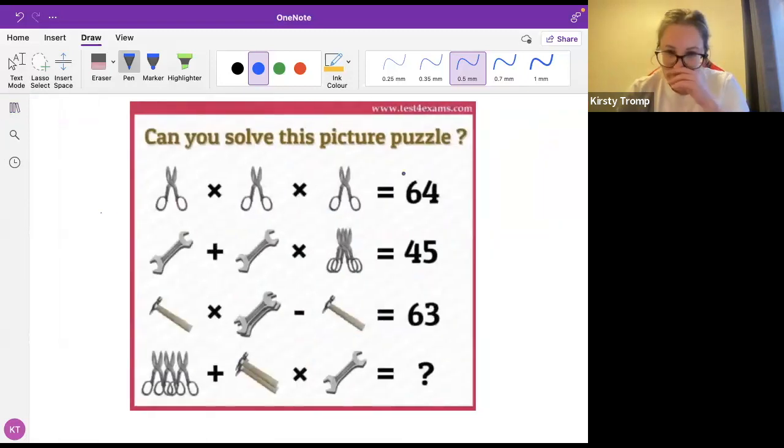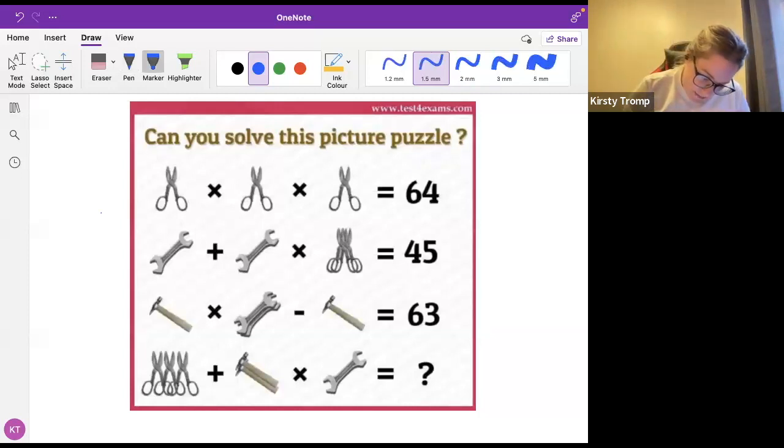Yes, ma'am. So I don't understand the scissors times the scissors times the scissors equals 64. So, what number times what number times what number gives me 64? Now remember, we were doing exponents in our last section, hey? So what times what will give me 64? What to the power of 3 gives me 64, in other words.